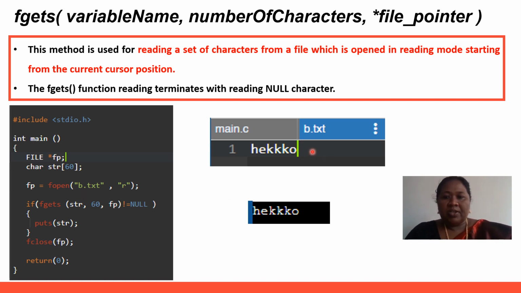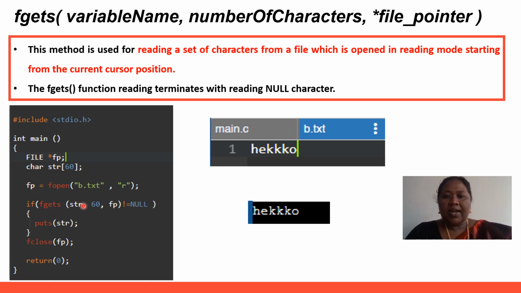If you don't know how to split the data available inside the file, then you can go for this fgets function. What arguments does it take? The first one is the variable name, the second one is the number of characters, and then the file pointer. As per the syntax, first of all we should check whether the file is empty or not, which is why we use fgets.